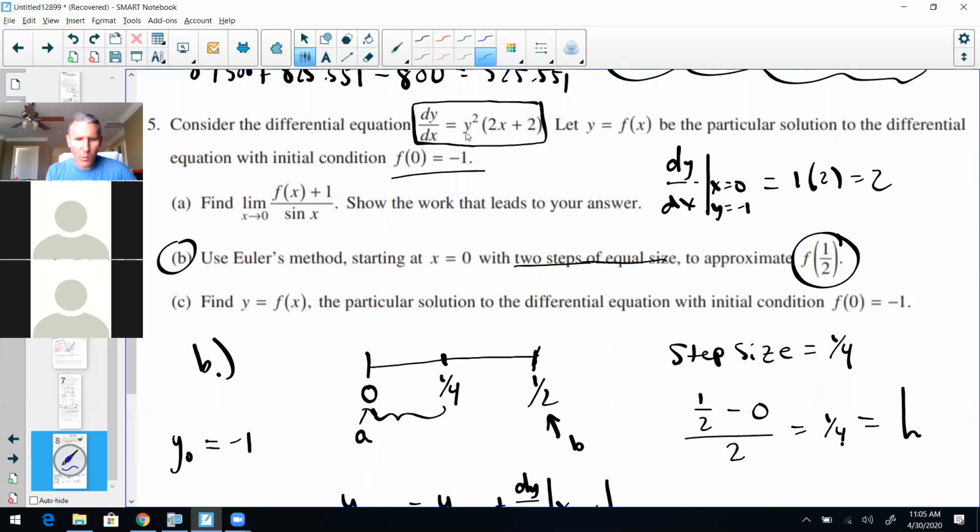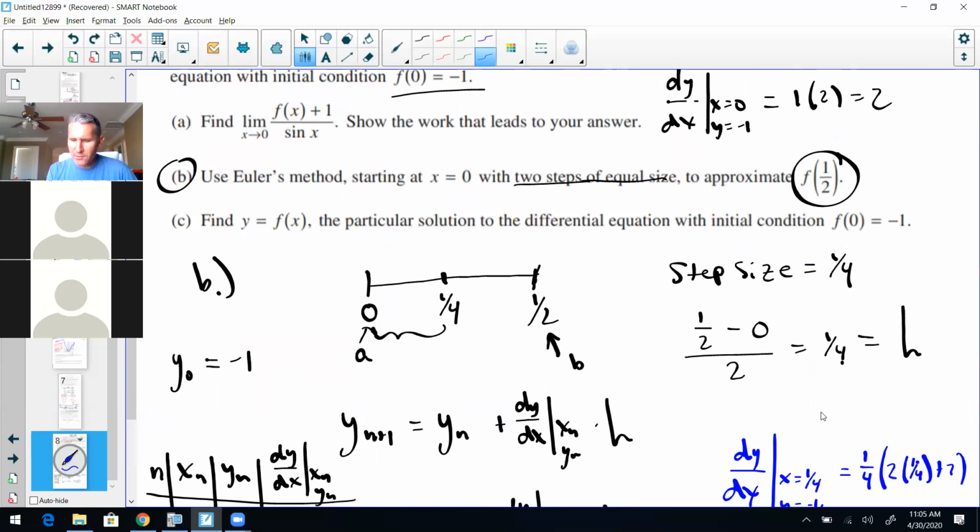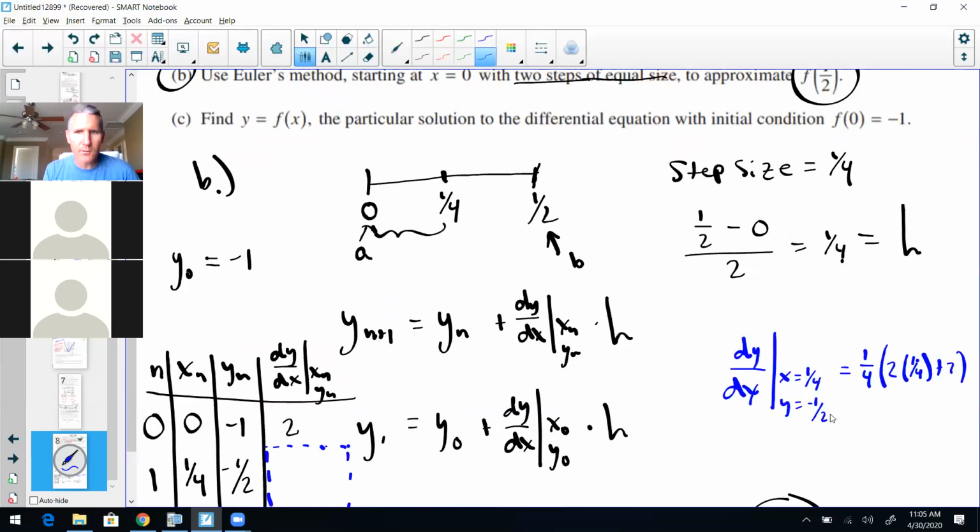Because again, we have y squared. Well, y was just negative 1/2. Negative 1/2 times negative 1/2 is positive 1/4. Times quantity, 2x plus 2, but x is 1/4. So this ends up being 1/4 times 2 times 1/4 is 1/2 plus 2. So this ends up being 1/4 times 5/2. So that's 5/8.